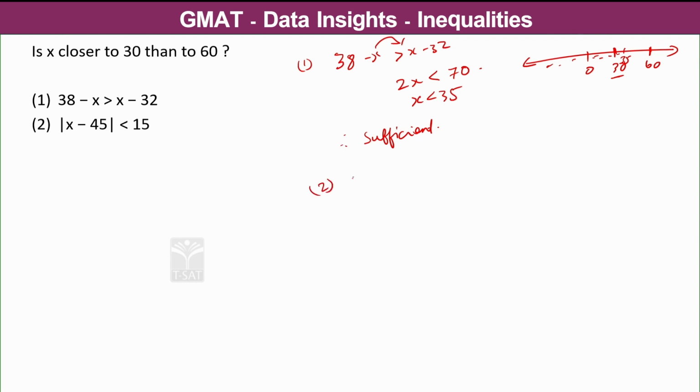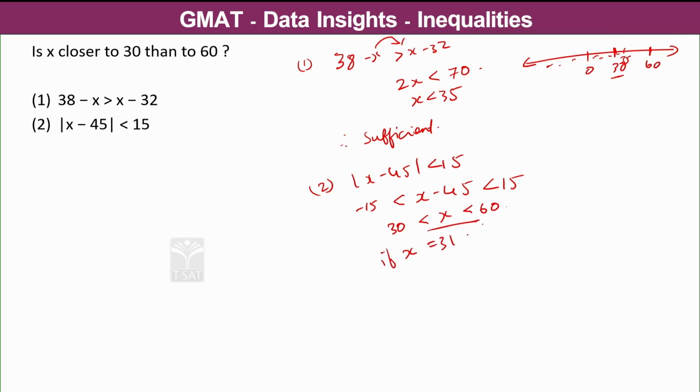Now, the second option is mod of x minus 45 is less than 15. This is possible when x minus 45 is less than 15 but greater than minus 15. Adding 45 on all three sides, you have x is greater than 30 and less than 60. So, if x is equal to 31, it lies in this region, but it is closer to 30.